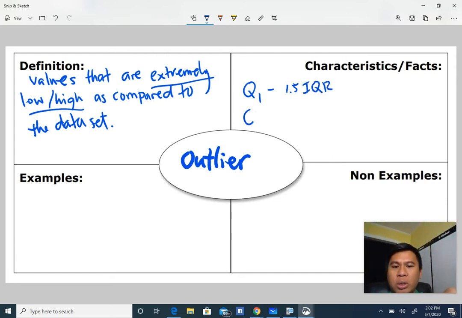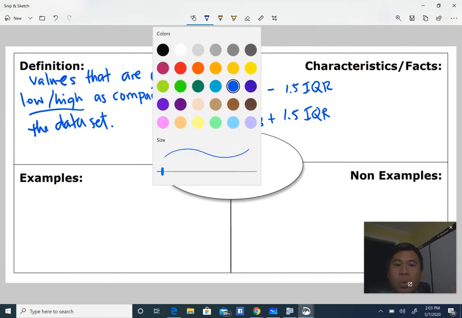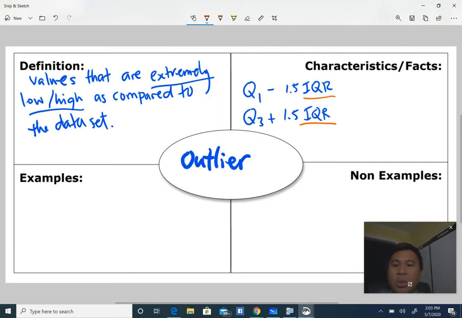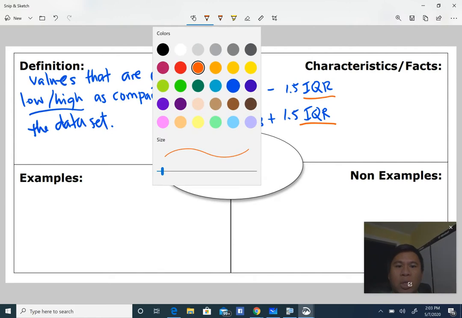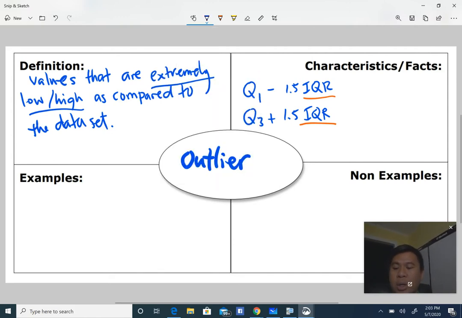And there's one more, that's Q3 plus 1.5 times IQR. Again, Q1 is the lower quartile, Q3 is the upper quartile, and IQR is the interquartile range, the difference between Q3 and Q1. But later we'll be dealing with those formulas as well.